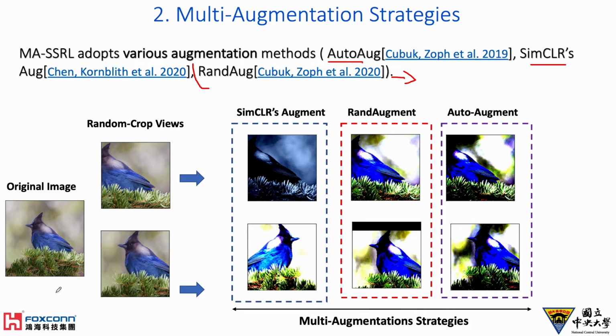So here is an example: we have an image, and we generate 2 random crop views, and after we apply the multi-augmentation to the 2 random crop views, it will generate 6 different views that contain different variant properties from 3 different augmentation policies here.